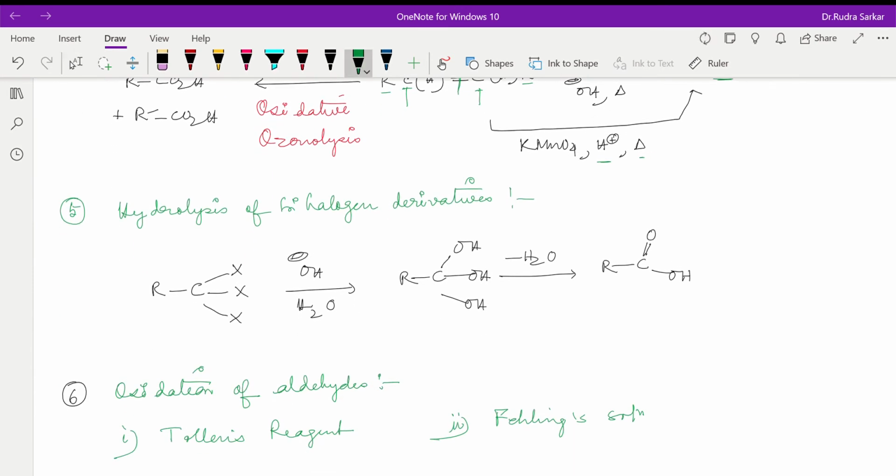Hydrolysis of trihalogen compounds. So each time this OH reacts, we can think that the X is being replaced. So sequentially all the X's will be replaced and we will have the carbon joined to three OH, which we can think is undergoing loss of water, just the way I'm showing.